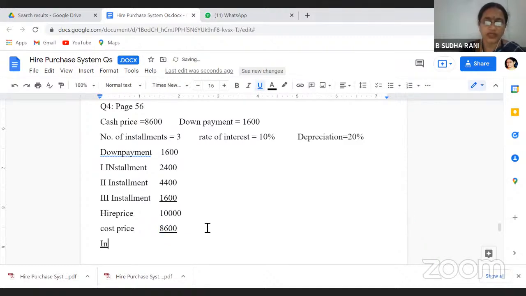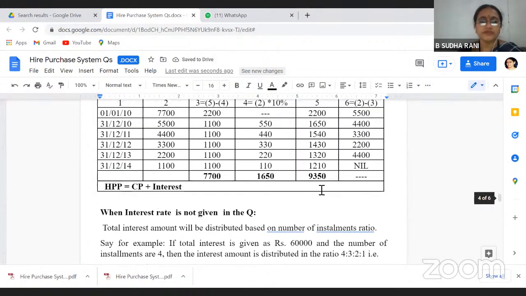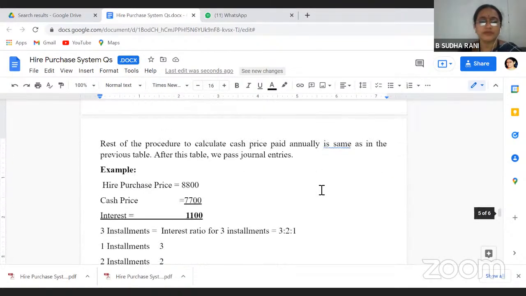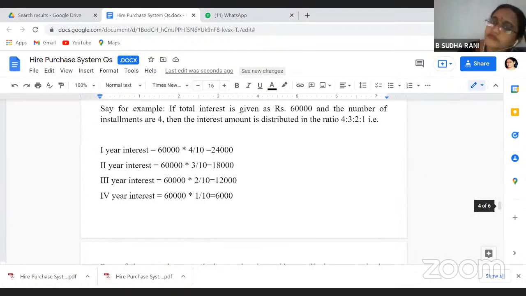So how do you get the interest? Hire purchase price minus cost price gives the interest. Hire purchase price is 10,000, cost price is 8,600, so the interest is 1,400. The total interest is 1,400.